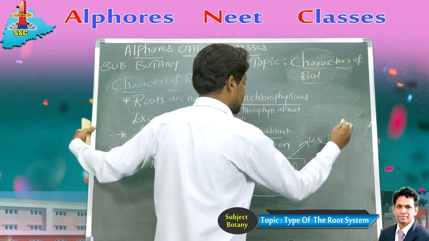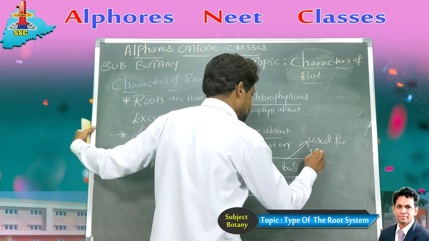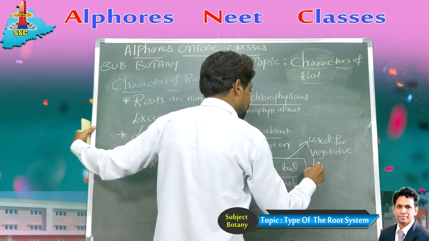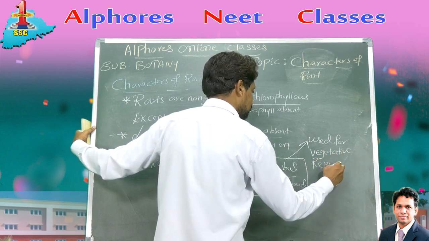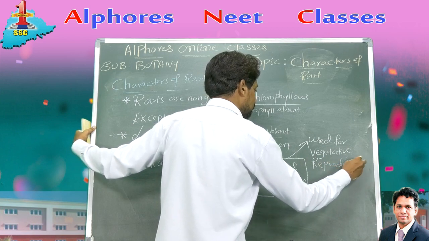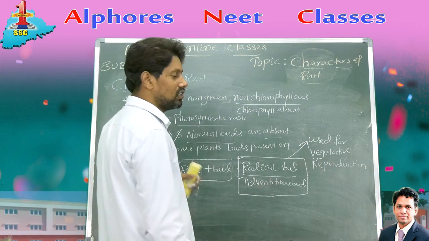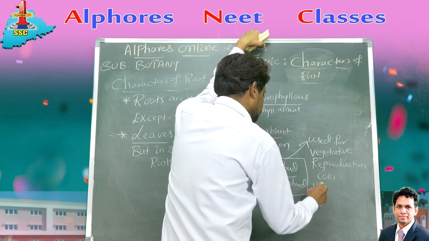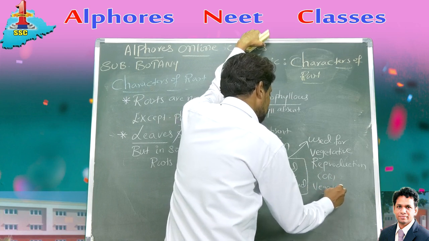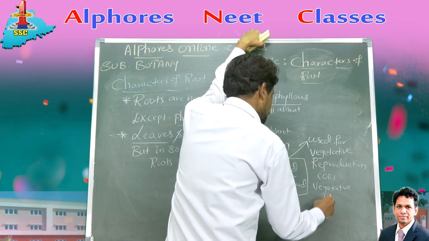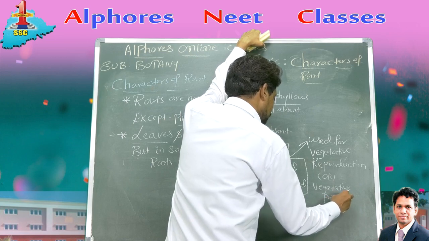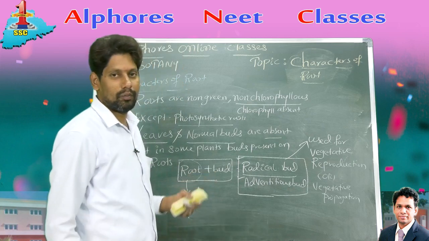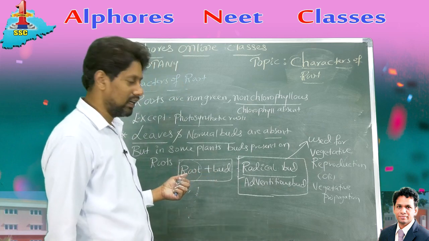Therefore, radical buds are used for vegetative reproduction or vegetative propagation. Is this statement clear? Okay, right?